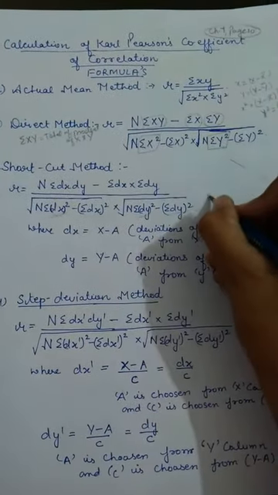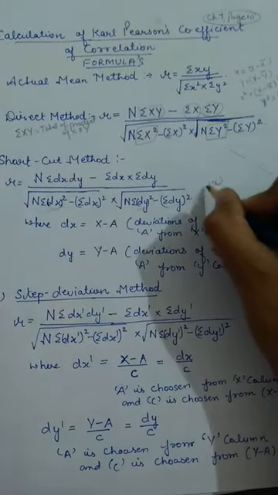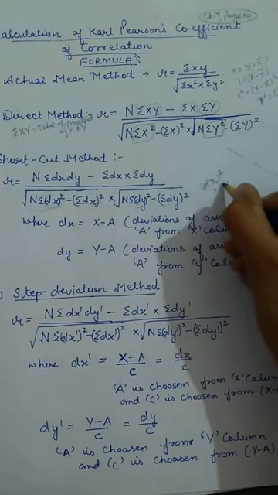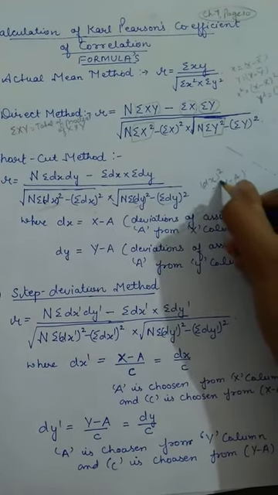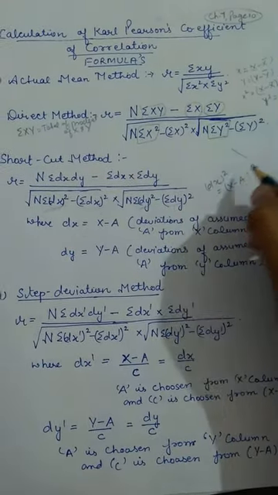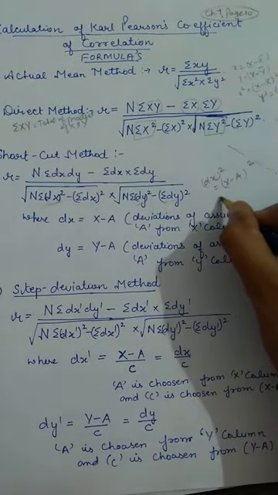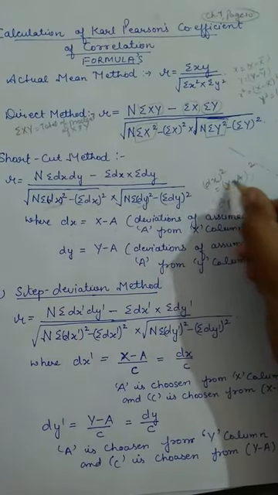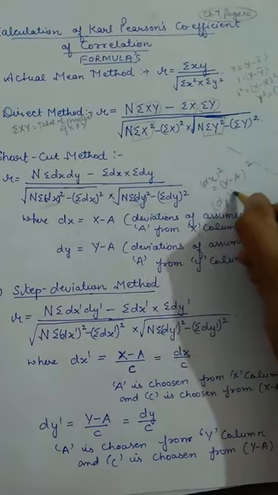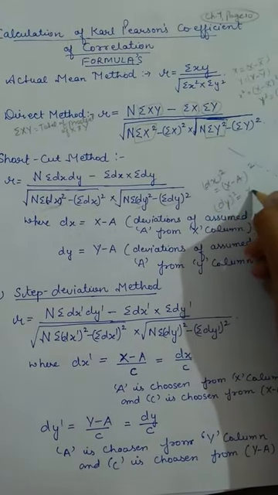So what is your dx square? It is your x minus a whole square. Whatever value you are getting, you have to square. In this column, whatever you will get, you have to square them up.